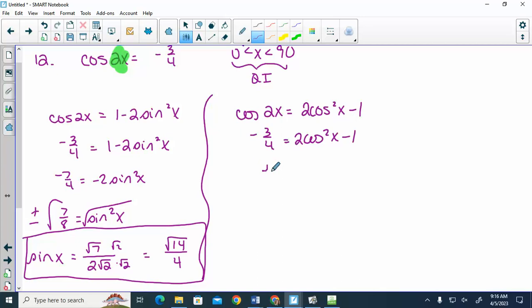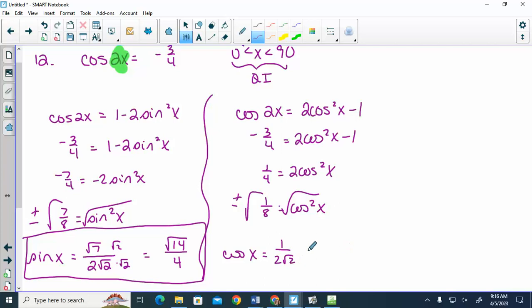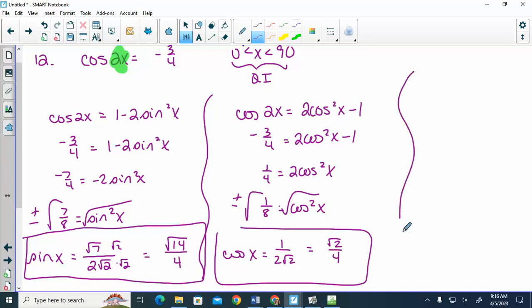Add your 1, divide by 2, square root plus and minus, but we're in quadrant 1, so we know it's a positive. Square root of 1 is 1 over 2 radical 2, and you get the square root of 2 over 4. So that's one way of doing it, just a repeat of what we did the first time.